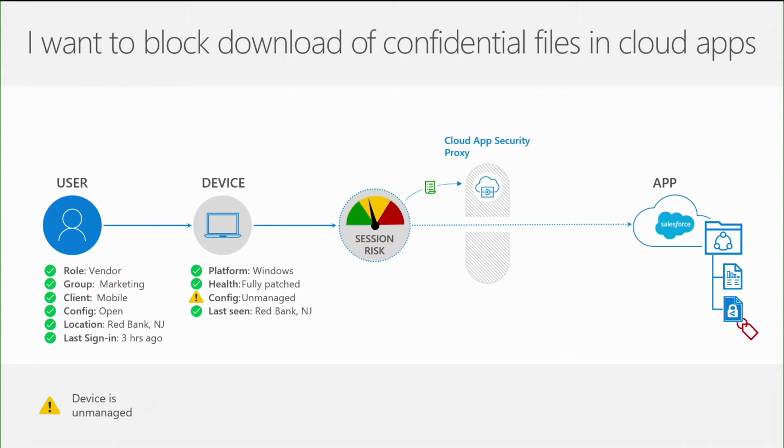When the user wants to download a critical file, it is blocked, as you can see. The user can download the non-confidential file, but cannot download the confidential file to this unmanaged device. And this is done through the integration of Azure Active Directory and Microsoft Cloud App Security.